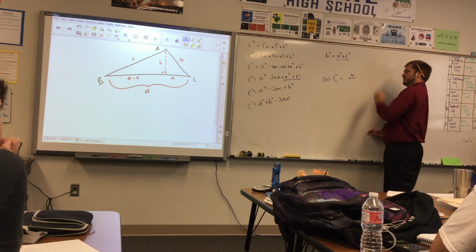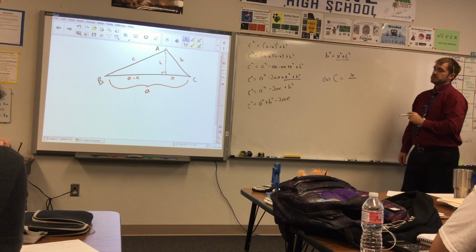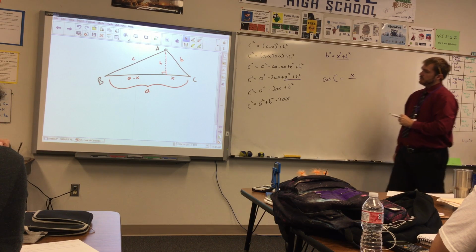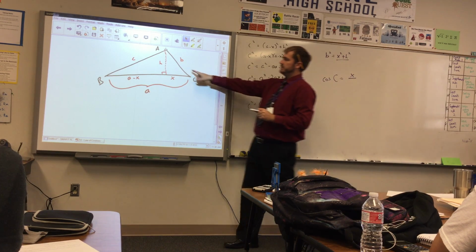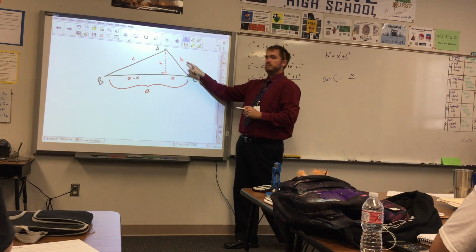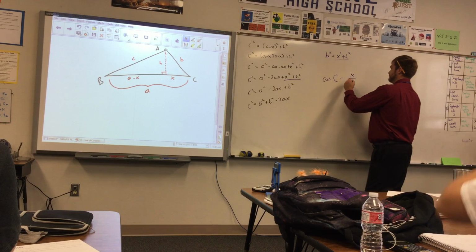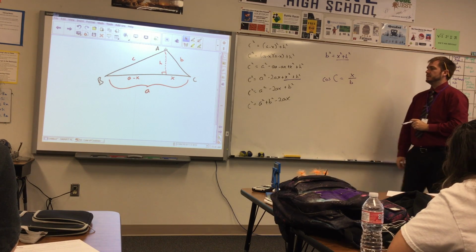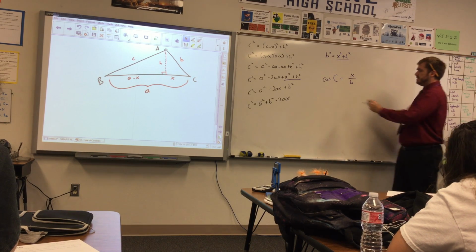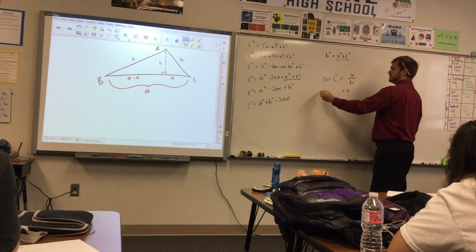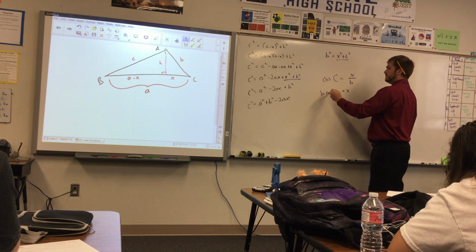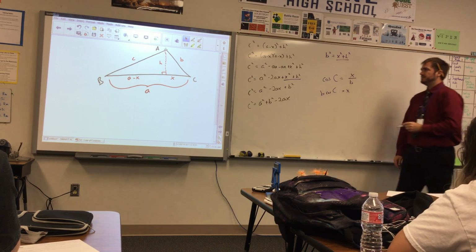X. X over what? Nope, not x over h, because the hypotenuse is right here. So it's x over b. Then we'll multiply both sides by b, and we get x equals b times the cosine of C.